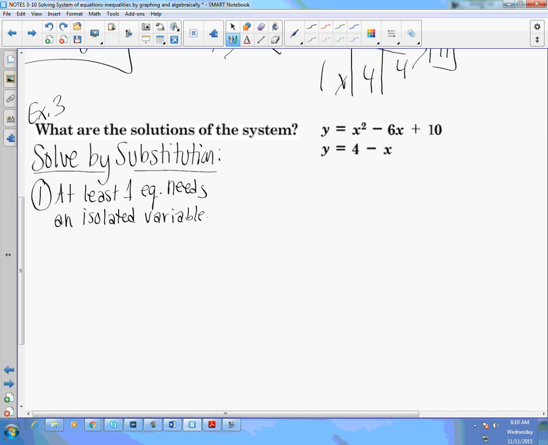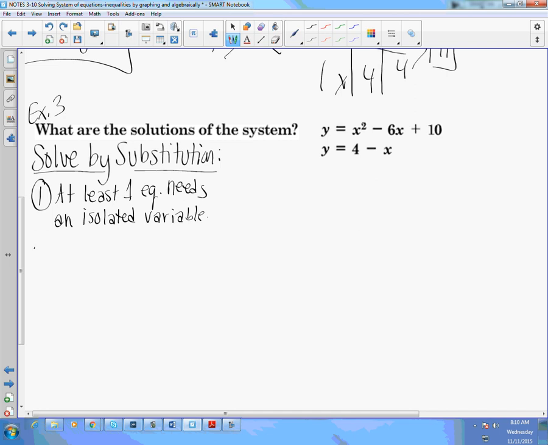Otherwise, you're going to have to do some rearranging first. So if neither one of them is solved for y or solved for x, then you have to solve one of them for y or for x in order to do this.